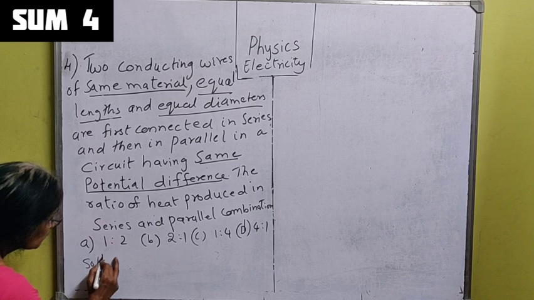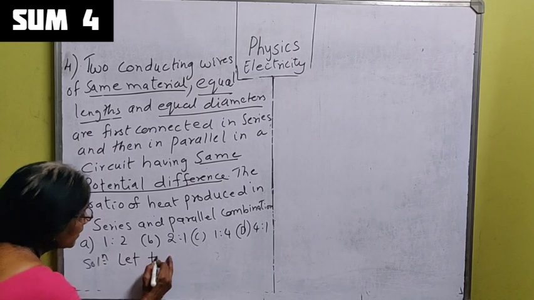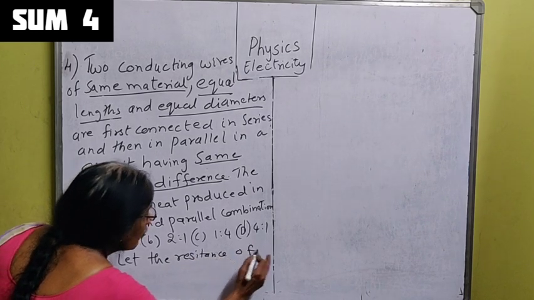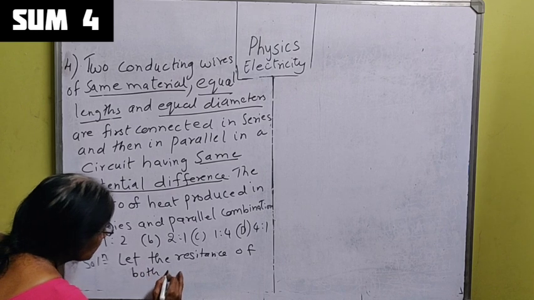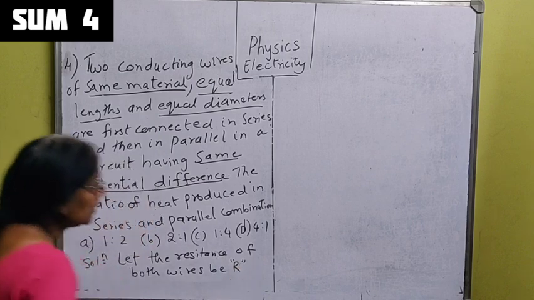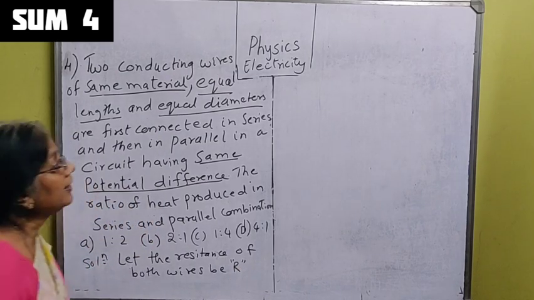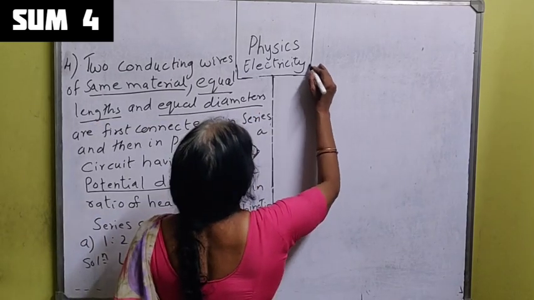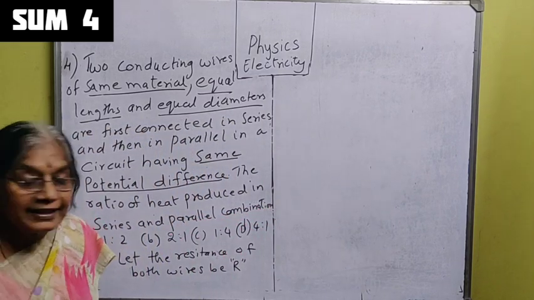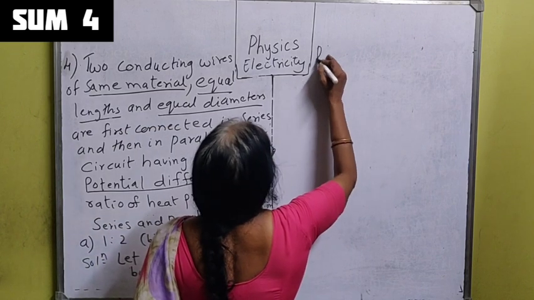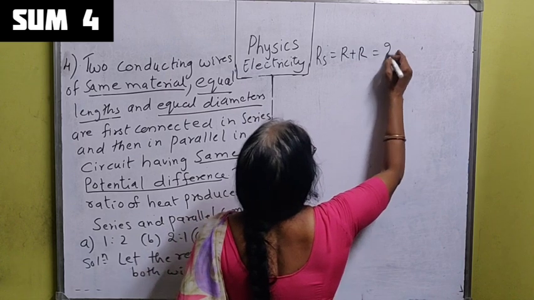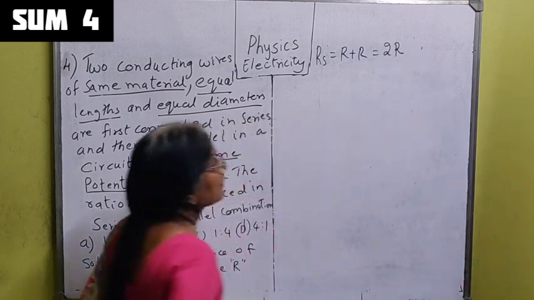Solution: let the resistance of both wires be R. In series, we know how to find the total resistance, so Rs is equal to R plus R, that is equal to 2R.